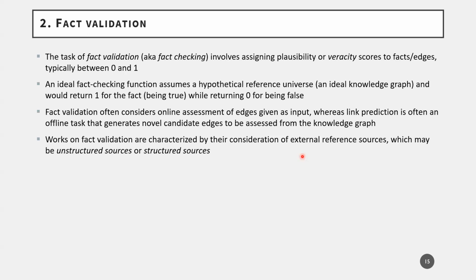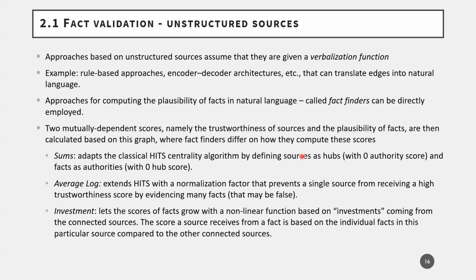Works on fact validation are characterized by their consideration of external reference sources, which may be unstructured sources or structured sources. For the unstructured sources, the approaches assume that they are given a verbalization function.